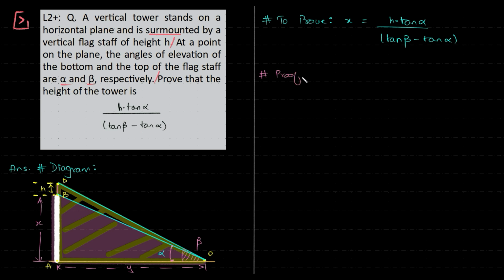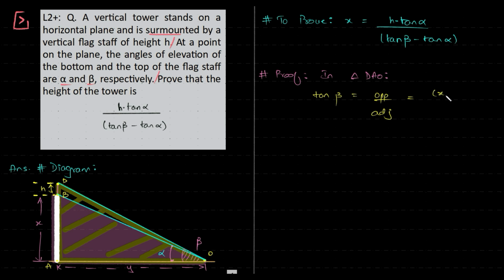Okay, so now we have the proof or working, which we're going to start off with what? In triangle DAO, what do we have? Tan of beta is equal to x plus h. Let me write the formula first. Opposite by adjacent. Here in this case opposite is x plus h.